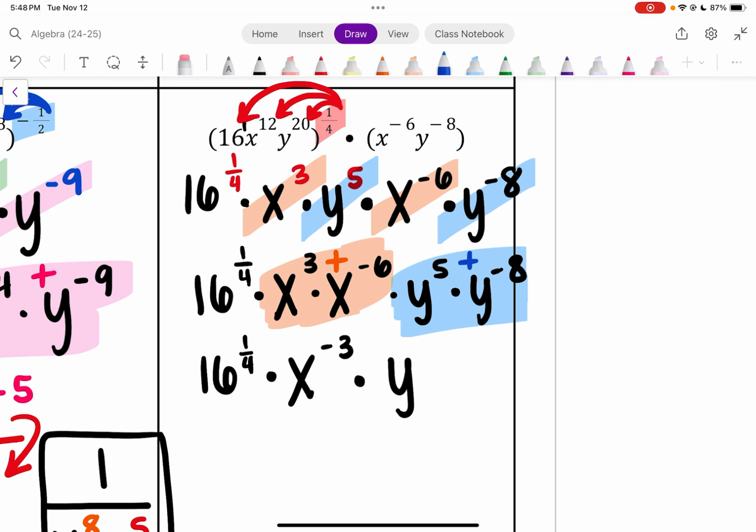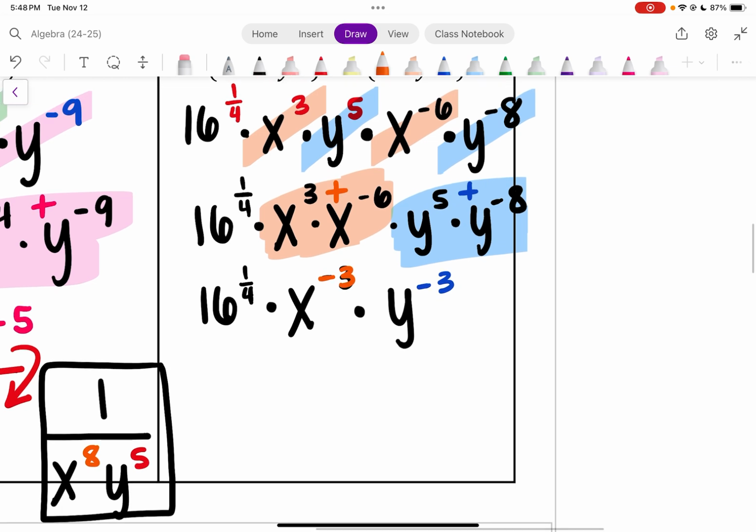So -5 minus 8 is a -3. Just making sure I have that right. Sorry, you guys. So I have x to the -3 and y to the -3, because 5 minus 8 is -3. So now I still have negative exponents, which is not something we are allowed to do.